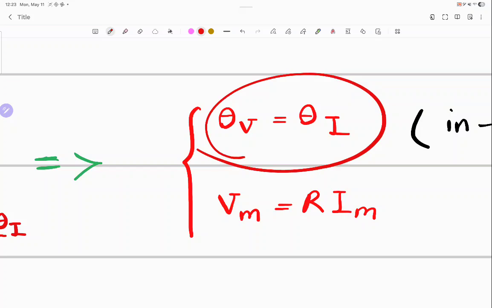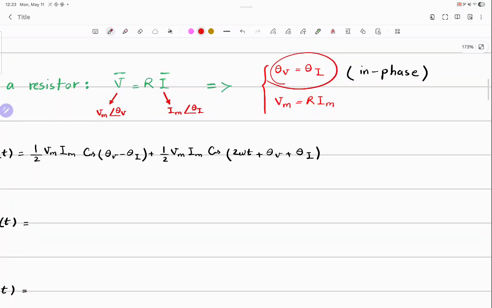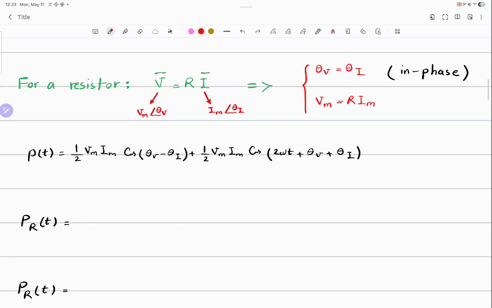Yes. Why? Because they are in phase. The only component that has the voltage and current having the same angle, or being in phase, is a resistor, nothing else, okay?